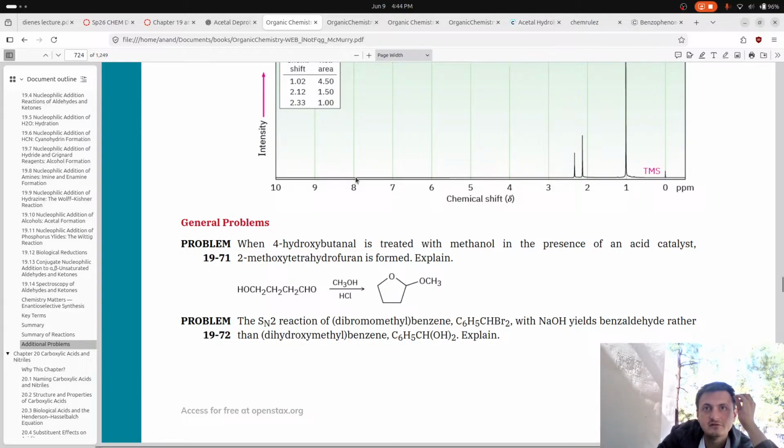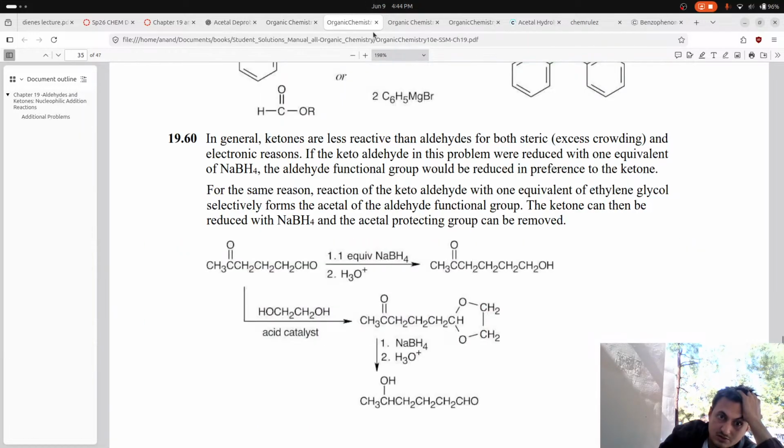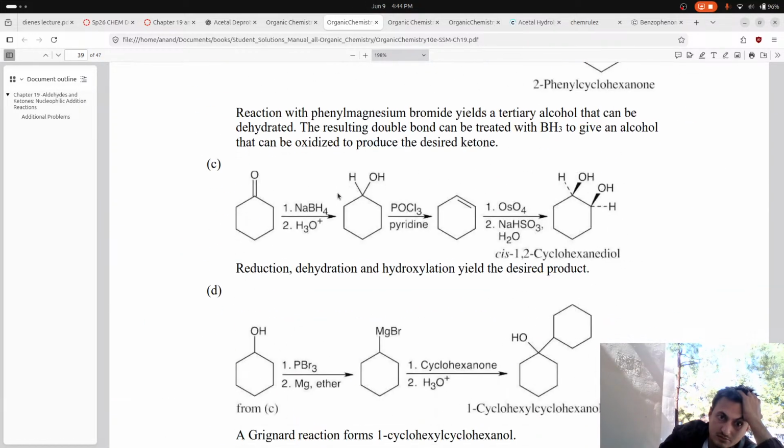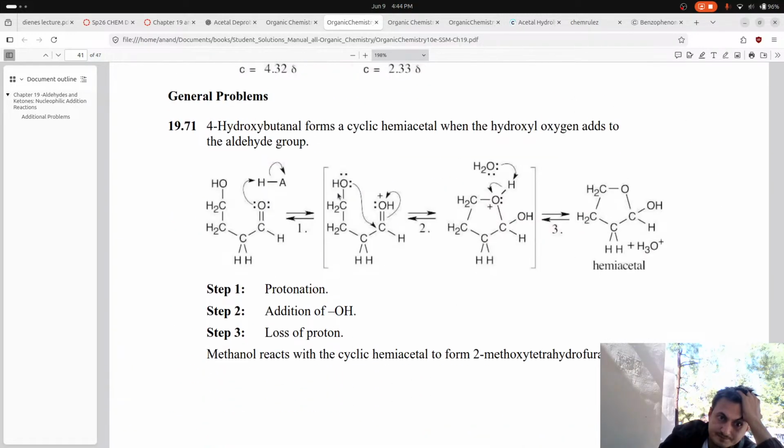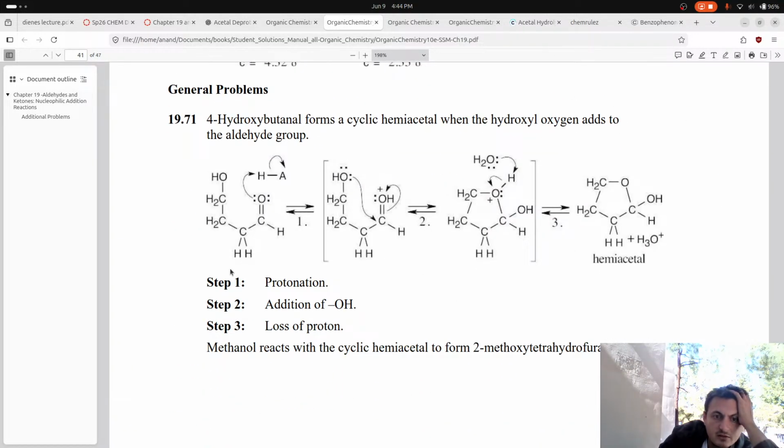So it's like an acetal formation, but the acetal formation is not with the same alcohol. So one is intermolecular or intramolecular, and the other one is not. So okay, here we go.